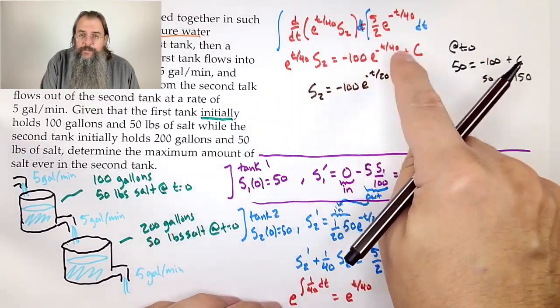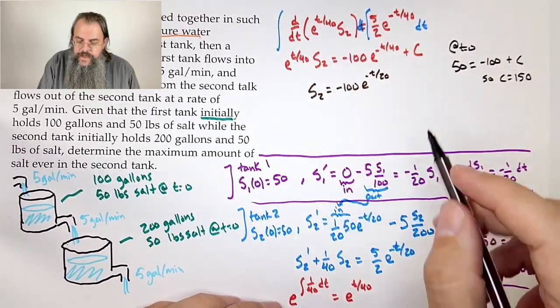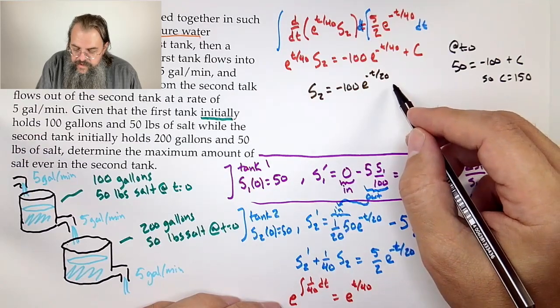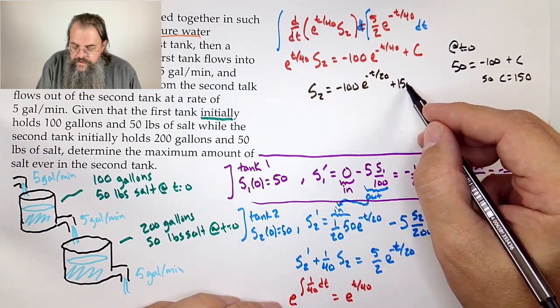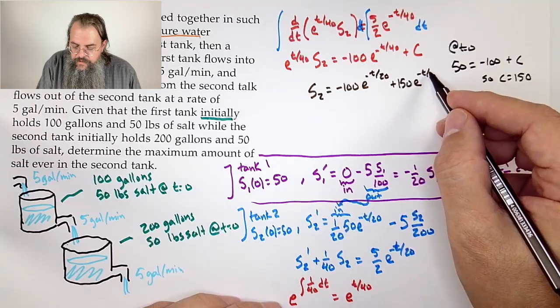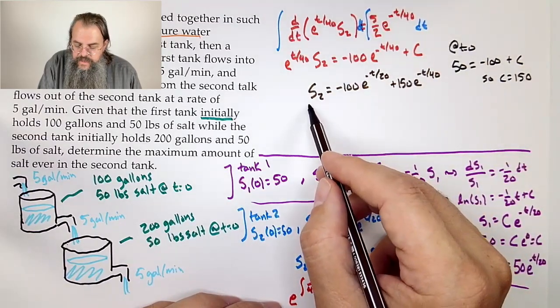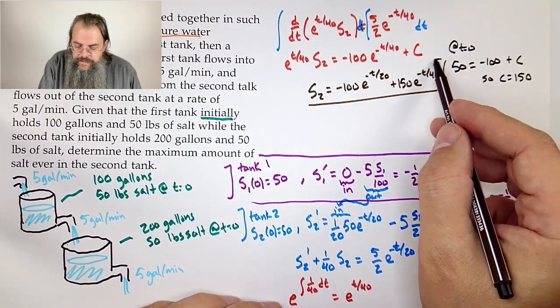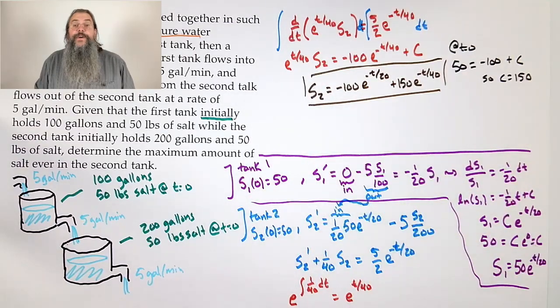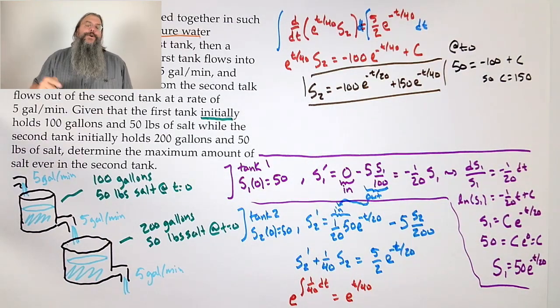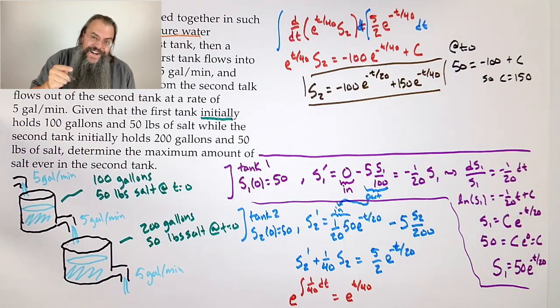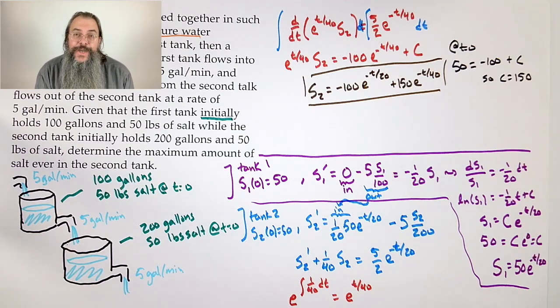So it's minus t over 40, minus t over 40 is minus t over 20, and then plus 150 e to the minus t over 40. Good. Now, that's not our answer, but I'm going to put a box here because I feel like we deserve a box. We worked hard for this box. So we should celebrate its boxiness. All right.